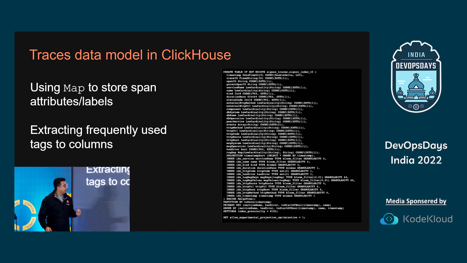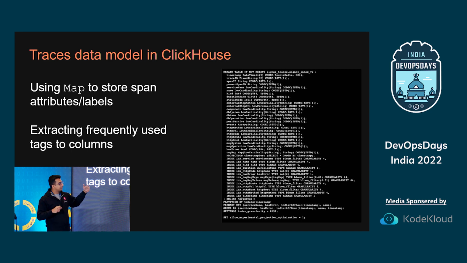I am not sure if these fields are very visible to you, but the point is, this is the rough schema that we use to store our distributed tracing data. The important point is, we extracted the most frequently used columns from the attributes, tags or labels into fixed columns. That gives us much faster aggregation capabilities when we are trying to query them.